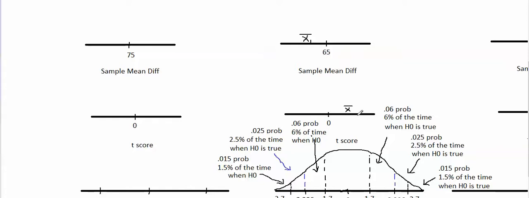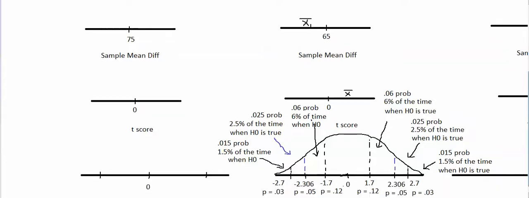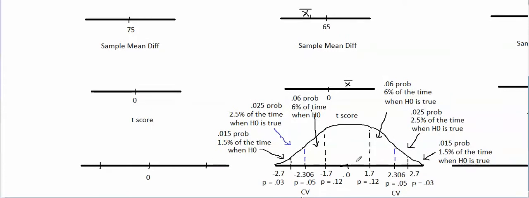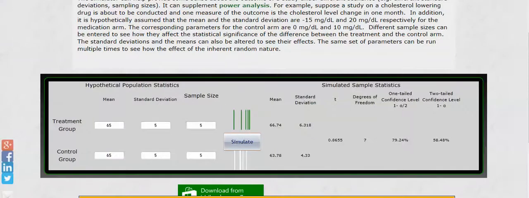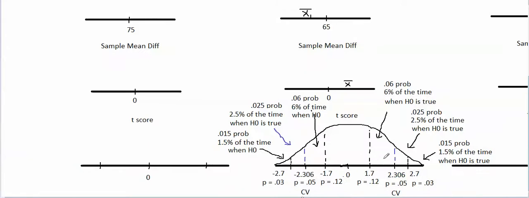And then I want you to put the t-score down here. So the t-score was 0.86. Just put it right here in between these 2 points, the letter T.